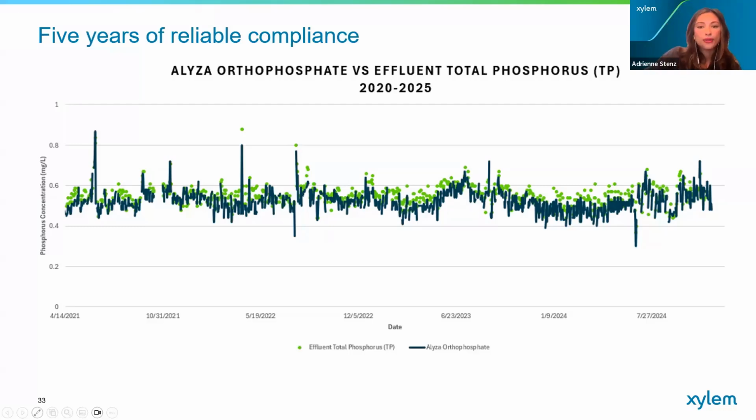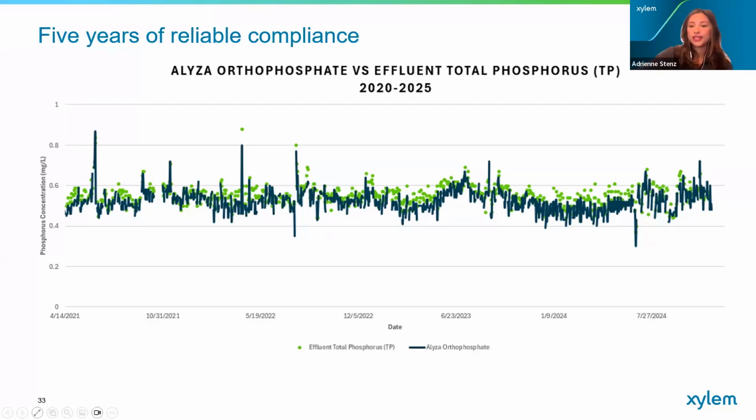You can see that both PO4 and laboratory total phosphorus have stayed in the range of 0.4 to 0.6 for the majority of the last 5 years, hovering right around that 0.52 set point. Even though their limit is 0.95, you can see they stay well below that limit, and you can see how stable the effluent phosphorus levels are throughout the entire 5-year period.